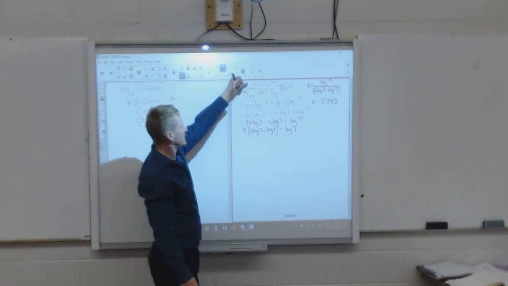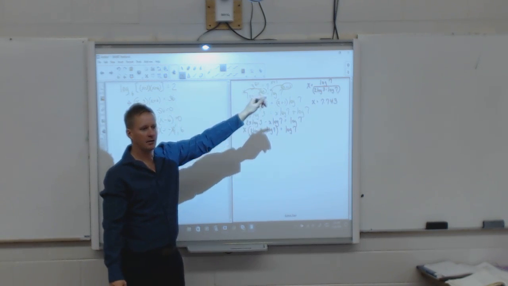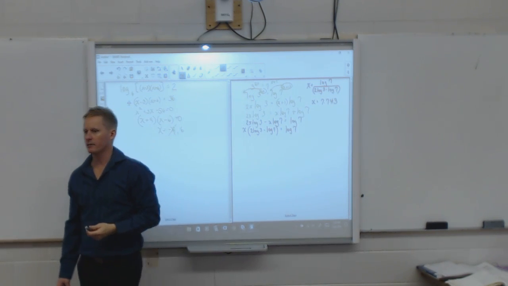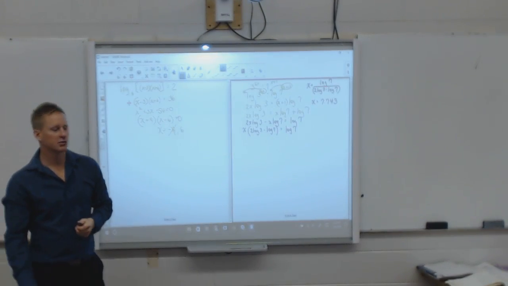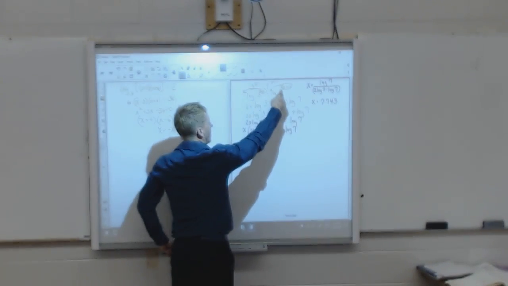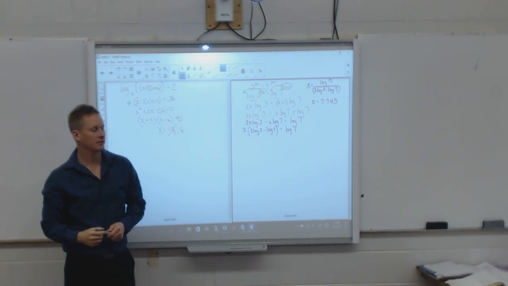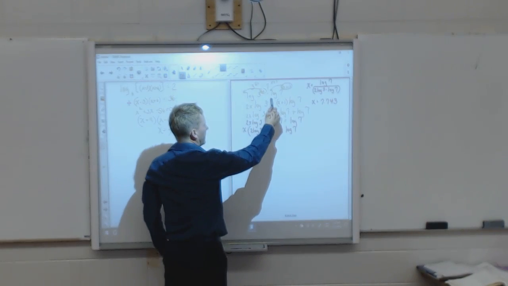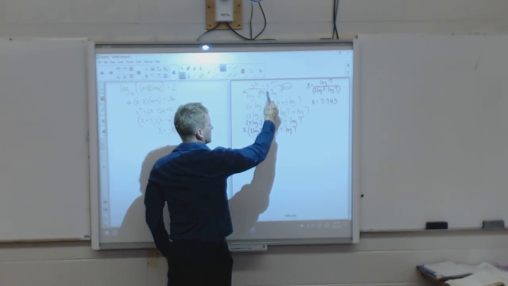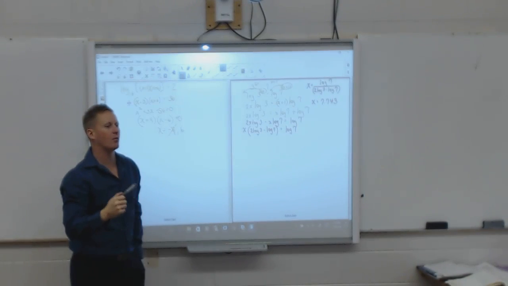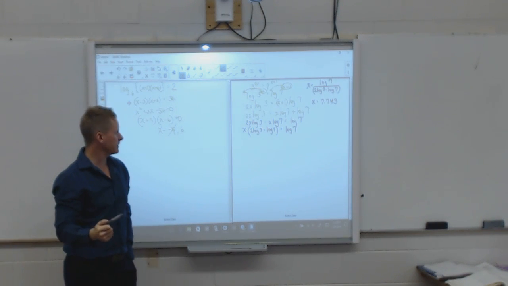This guy starts as an exponential function, in which the variable is in the exponent. So it's hard to do. So what do I do? I take the log of both sides. Then I take the exponents and move them to the front, because that's how I get it away from being an exponential function.